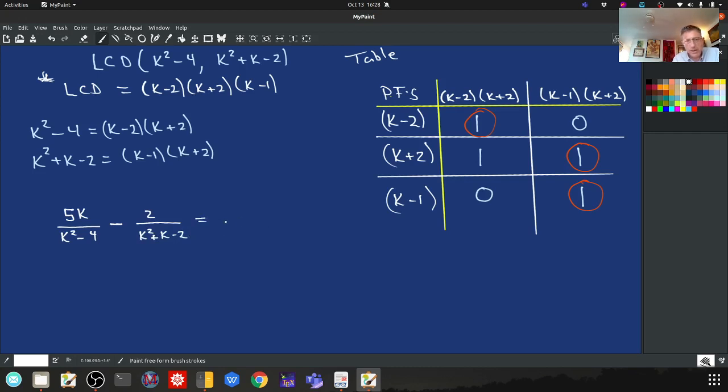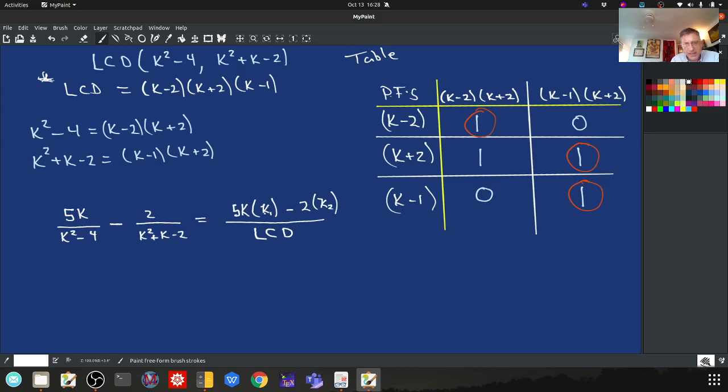I already know that the answer is going to be over my LCD. So I'm just going to write the LCD, and I'll replace it with all of this up here at the very end. And it's going to be my first numerator, 5k, times some k1 value, minus 2 times some k2 value.